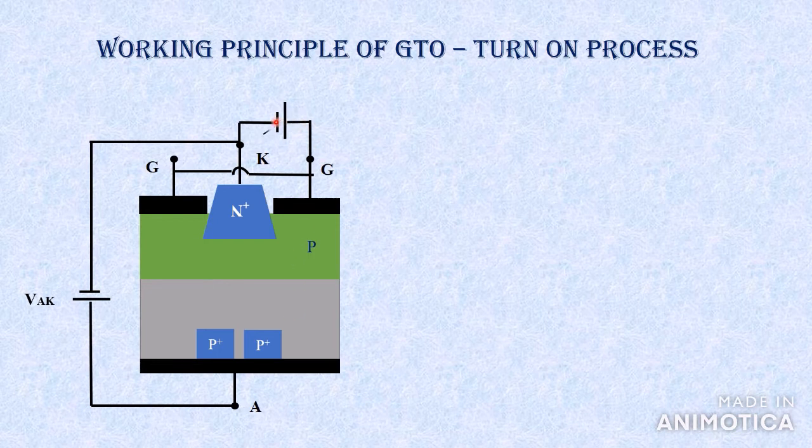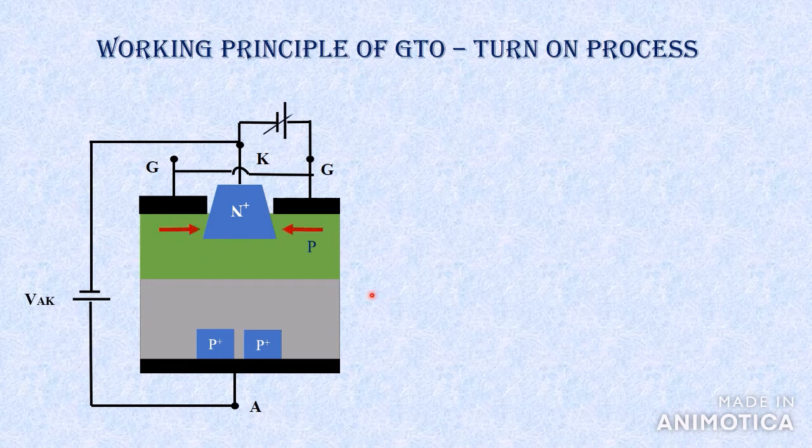If we increase the gate voltage, holes will be injected into the cathode region.